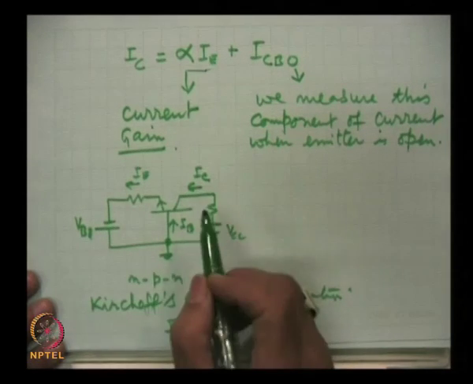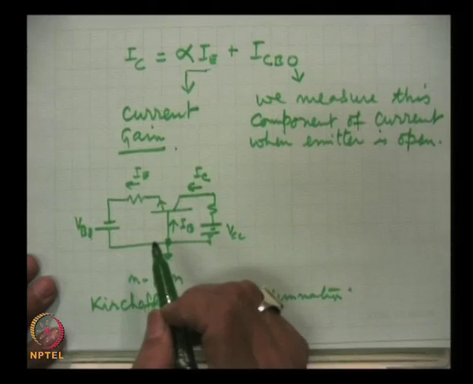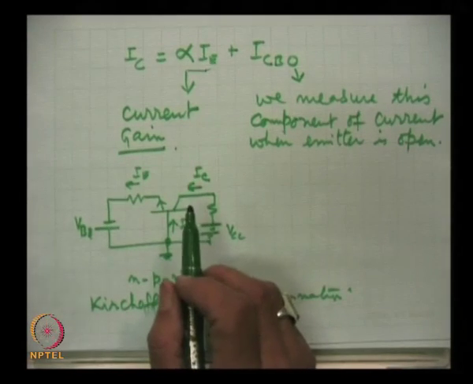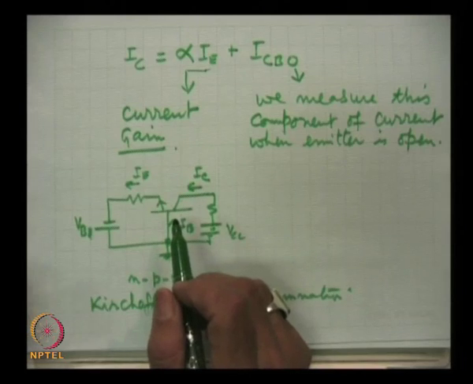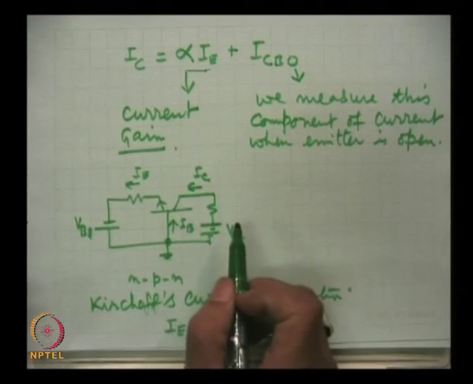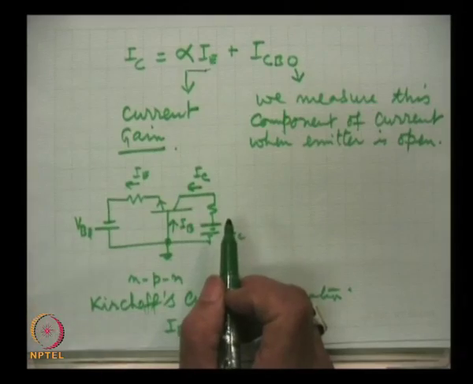We should also draw the PNP transistor. I am taking the NPN transistor as an example because it is more popular, but a PNP transistor will work perfectly all right.